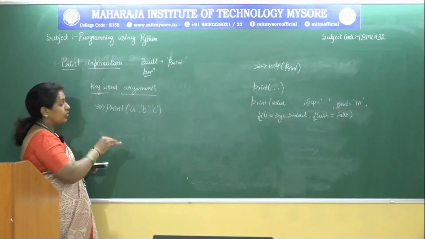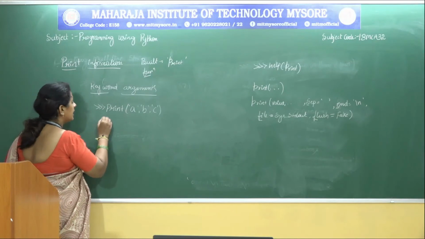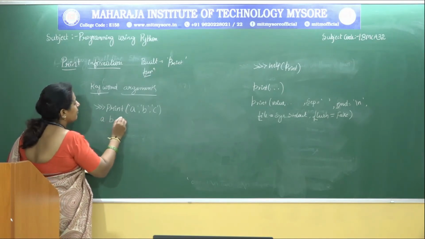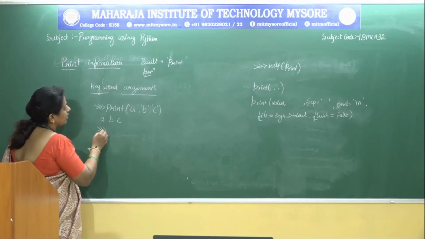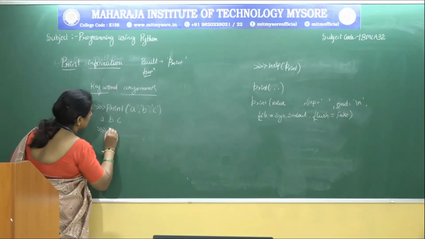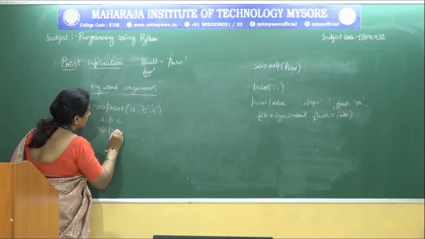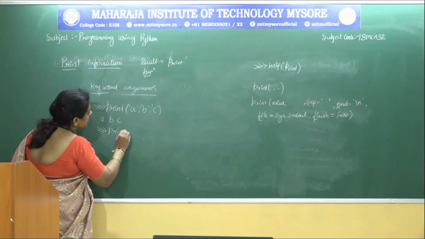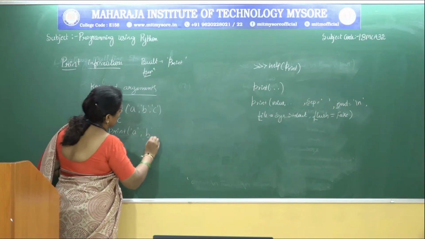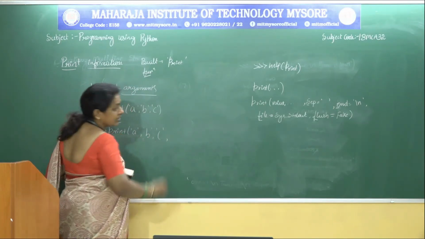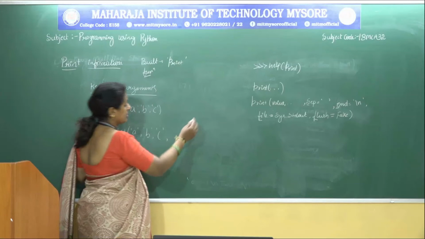Normally we write it like this, and when we write it like this, we will get the output A, B, C. So let's use keyword arguments. Print A, B, C. Okay. Let us use separator.